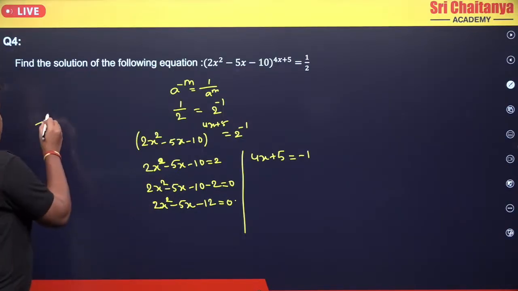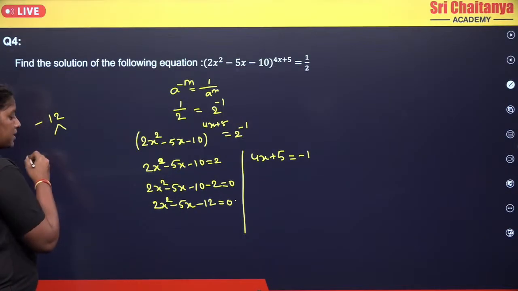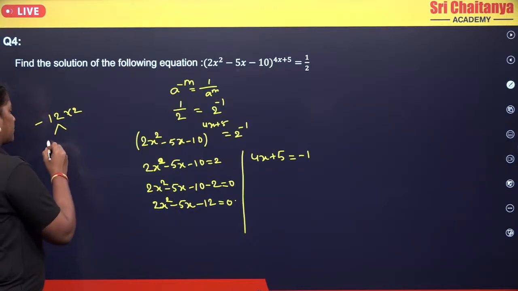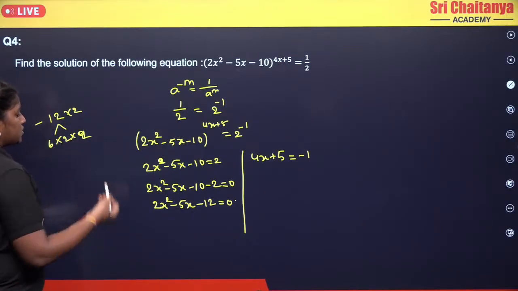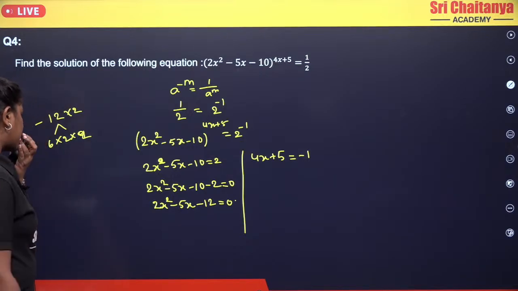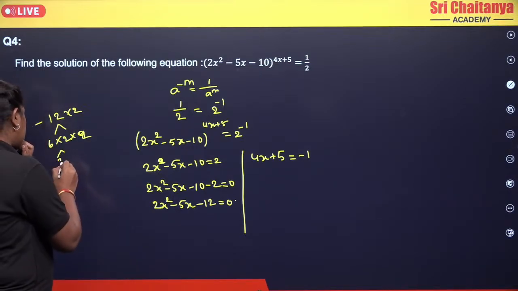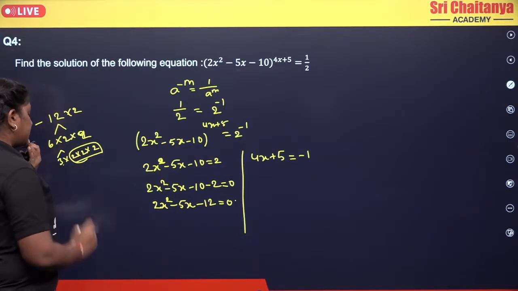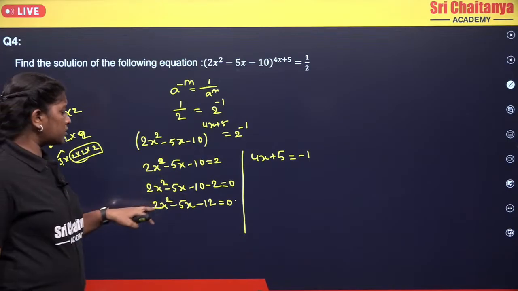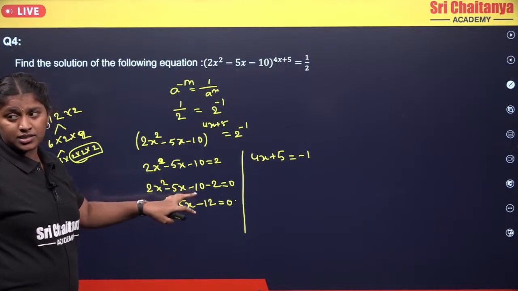So how can we factor this with minus 12? 6 into 2 into 2 is not possible, so we can go for 3 into 8, because 12 2s are 24, and 8 3s are 24.